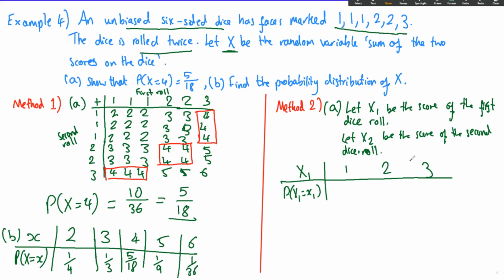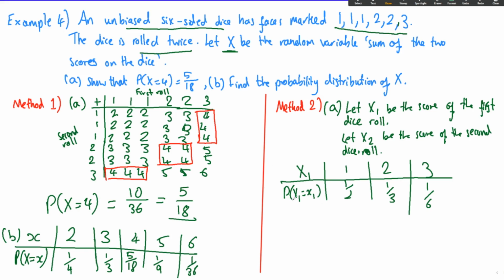And because it's unbiased, we know that we have a 3 out of 6 chance of getting a 1, or a half. 2 out of 6 chance of getting a 2, or a third. And a 1 out of 6 chance of getting a 3. This is the same for x2 as well, because x1 and x2 are the same dice, so they have the same probability distribution.